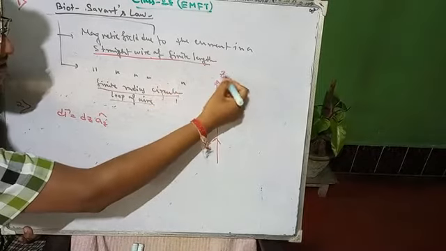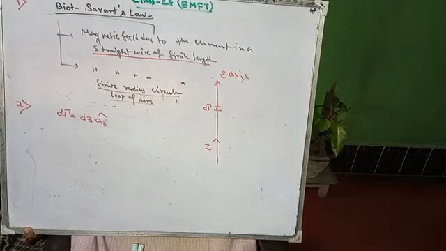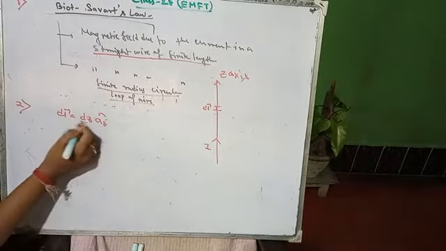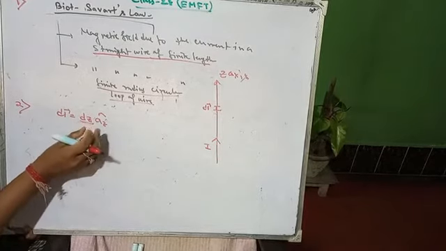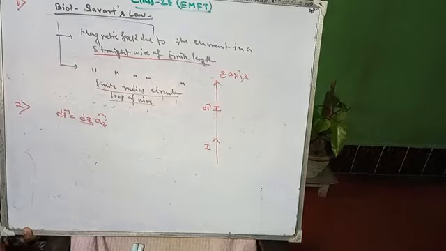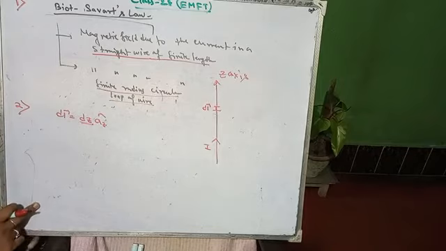Suppose this is the z axis. So this dl vector, the differential length, is the small differential length along the z axis multiplied with the unit vector of the z axis.